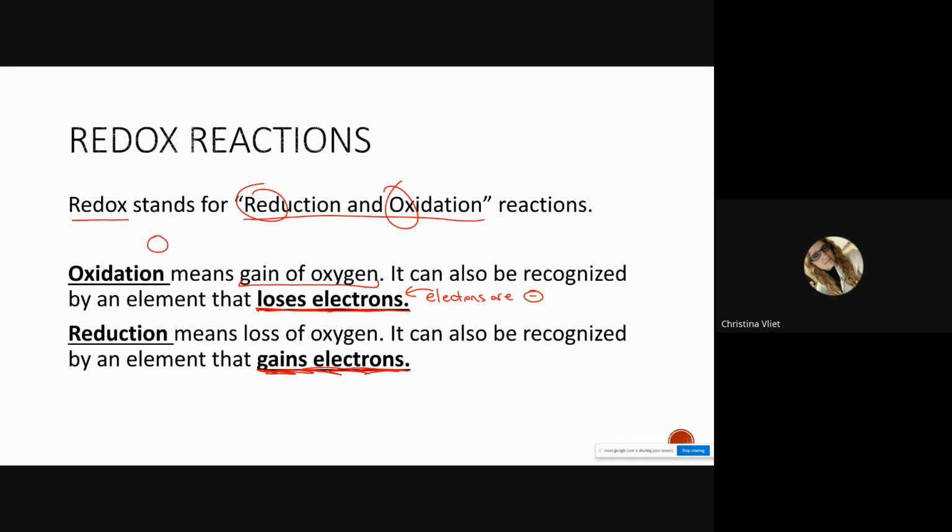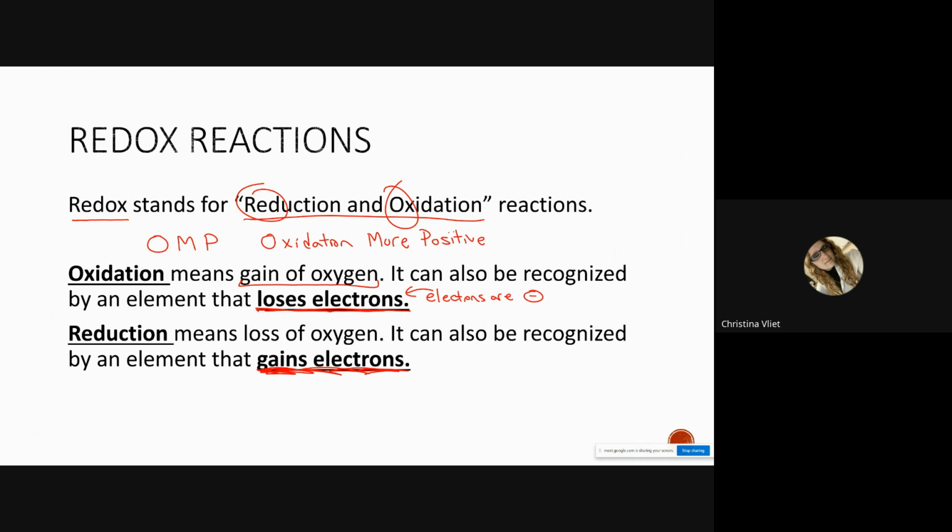I had a student who came up with an acronym. Oxidation is more positive. And then just remember that reduction is the opposite. Reduction would be more negative because you gained electrons.